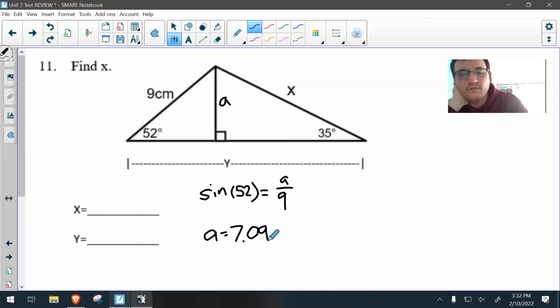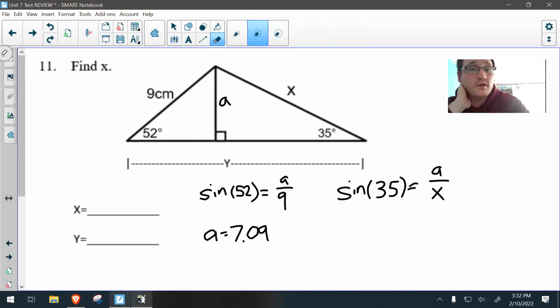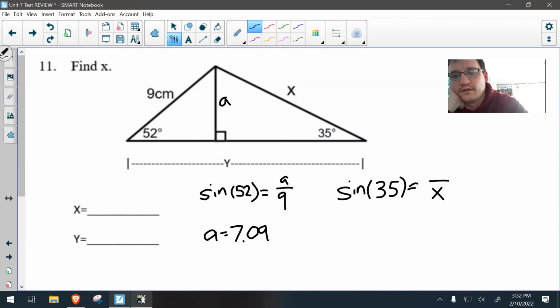7.09. All right. From here, now we can say the sine of 35 equals A over X. All right, but we know what A is, right? That was 7.09.